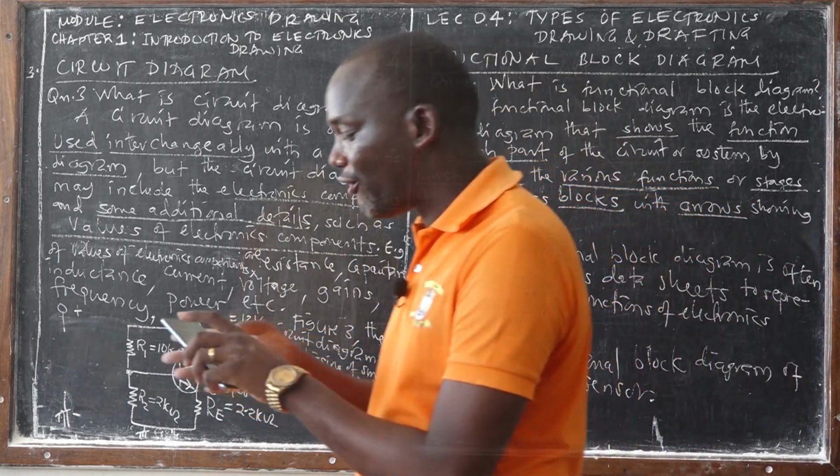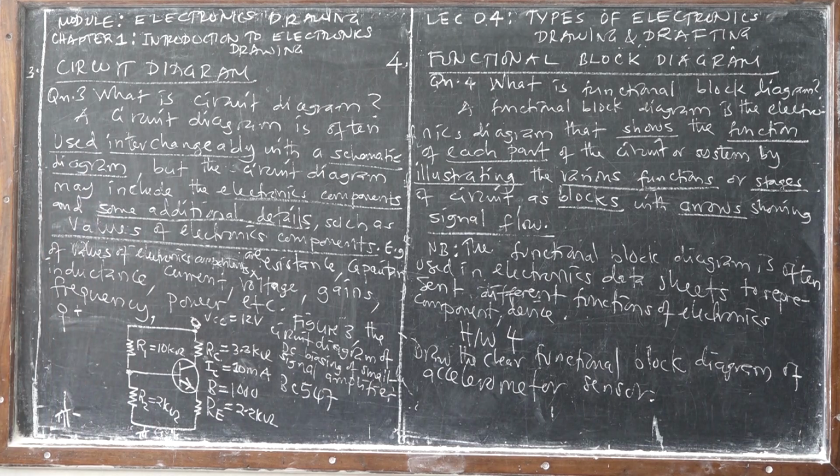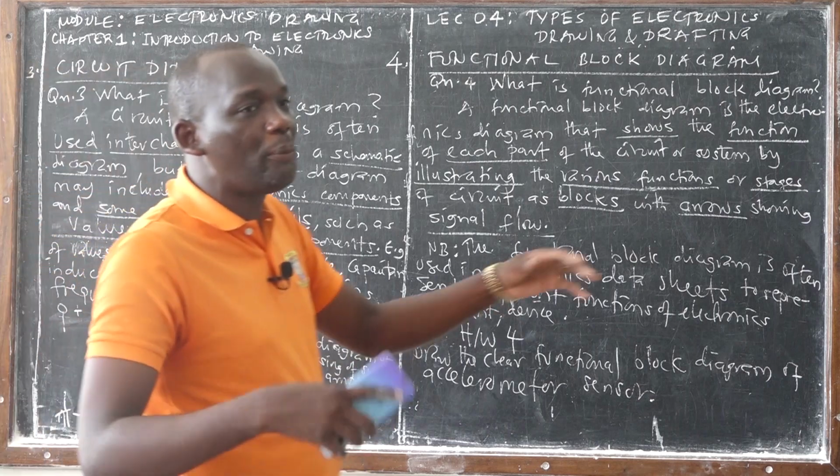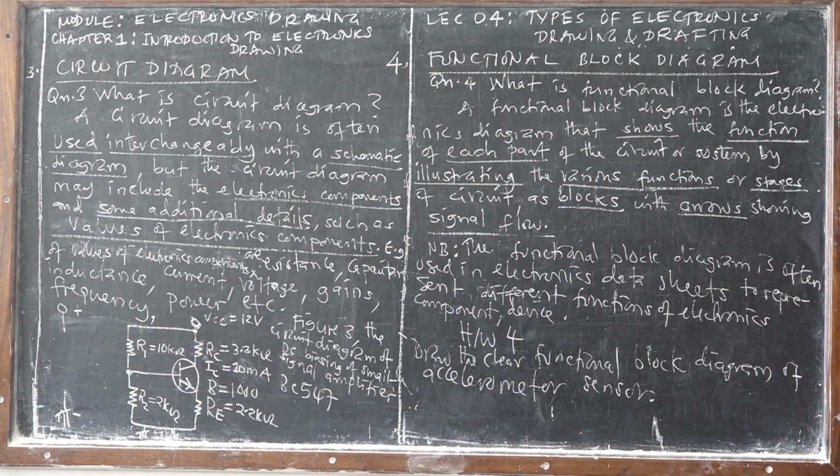Yeah, so you have to go and find its functional diagram so that all the students will come with a single response. That's why I gave you a specific functional block diagram. Class, did you understand? Have you understood?